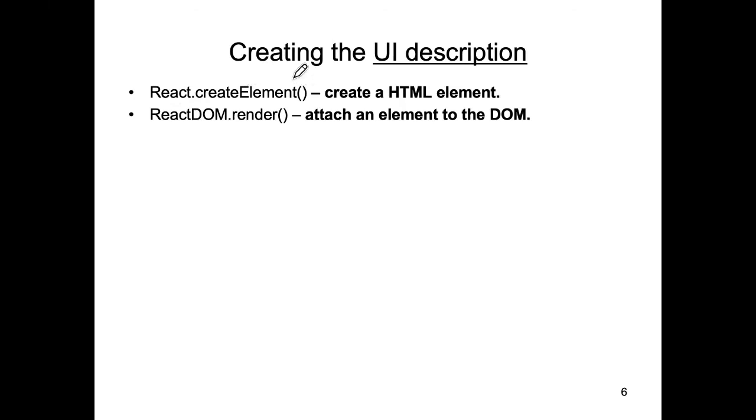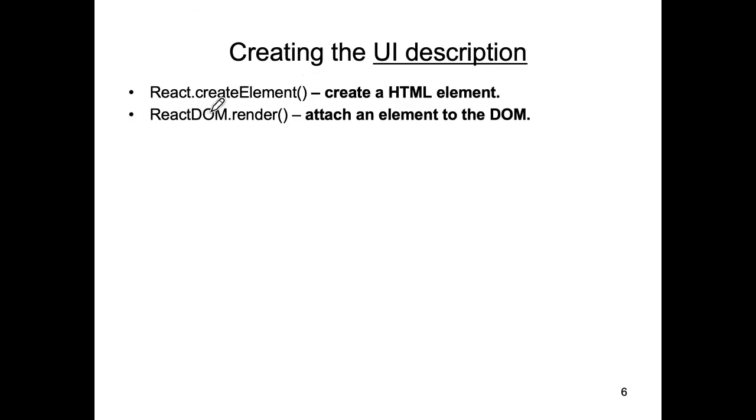You've got to give it some arguments, but we'll see what they are in a second. But that's essentially all it does. It creates an HTML element, or based on what I was talking about the last day, it creates a DOM element. It doesn't attach the element to the DOM though, it just creates it.